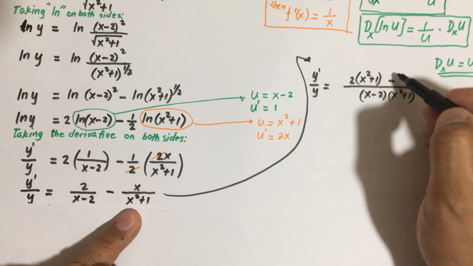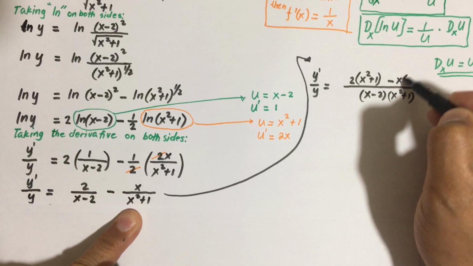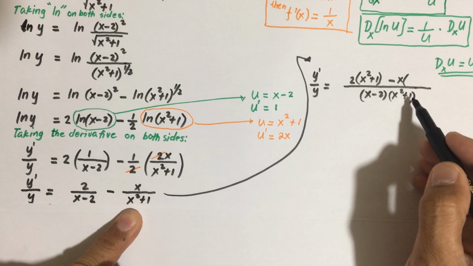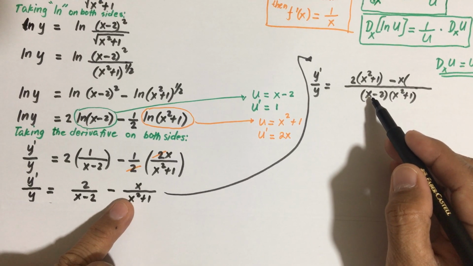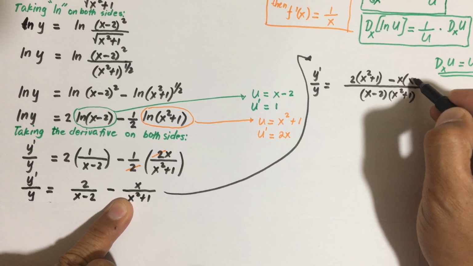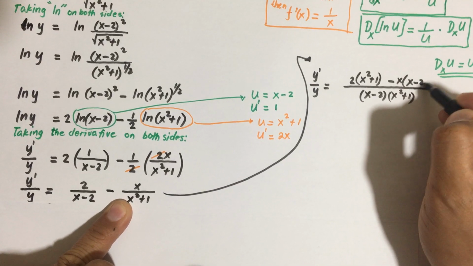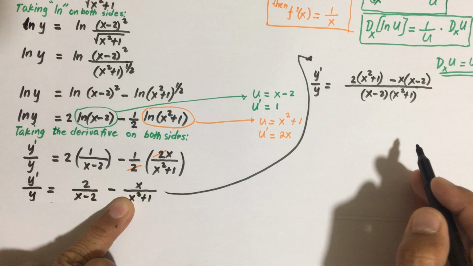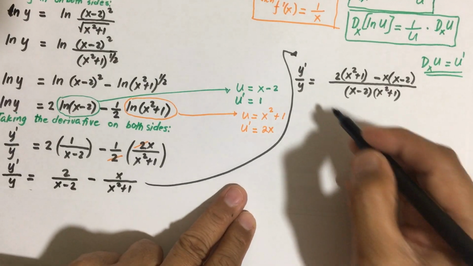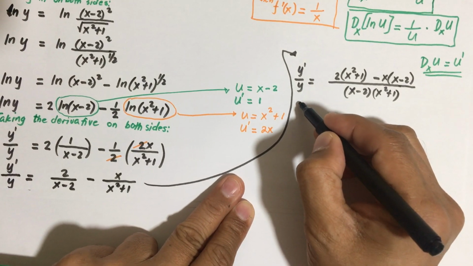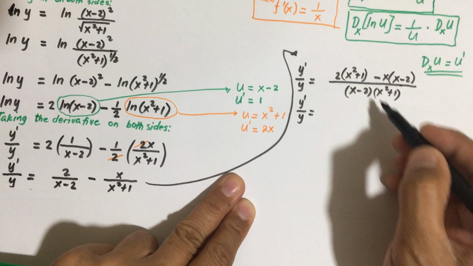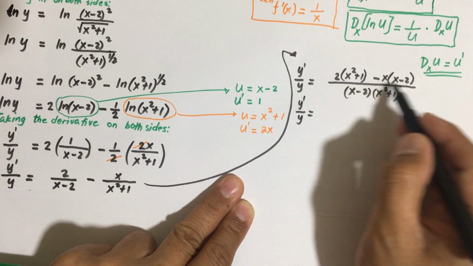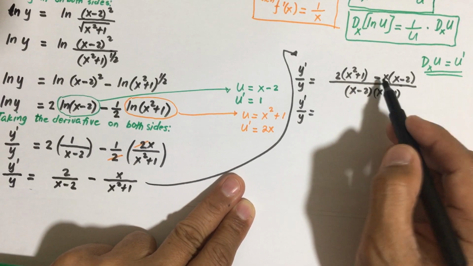So we have x times x minus 2. And after that, y prime over y equals, so try to simplify the numerator.